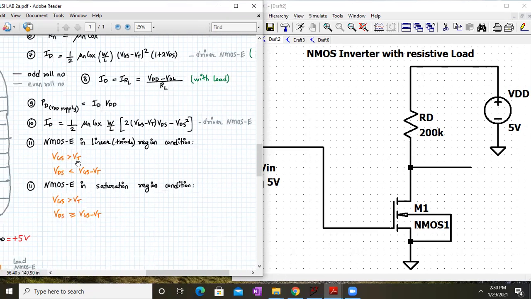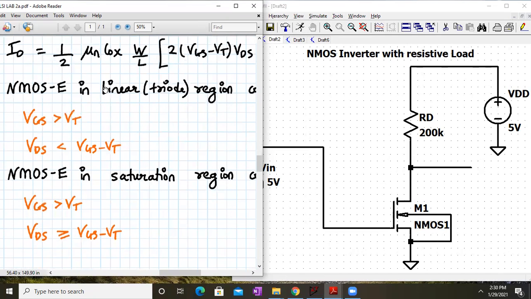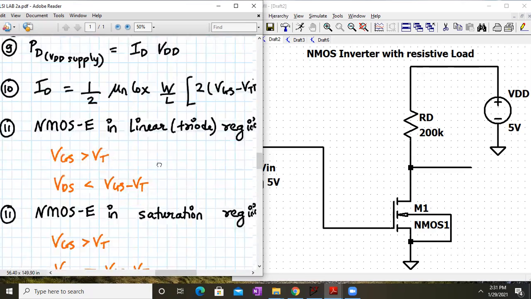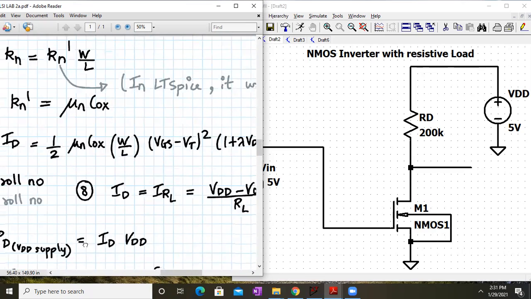We will know by this range. If the NMOS is in the linear region, VGS will be greater than VT and VDS will be less than VGS minus VT. If the NMOS is in the saturation region, Vin is greater than VT and VDS is greater than or equal to VGS minus VT. Accordingly, we can use the formulas of ID sat or ID linear.